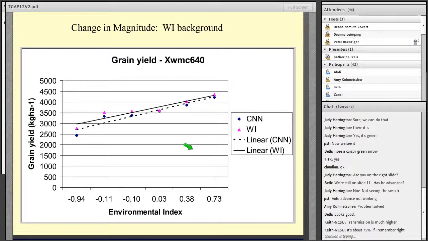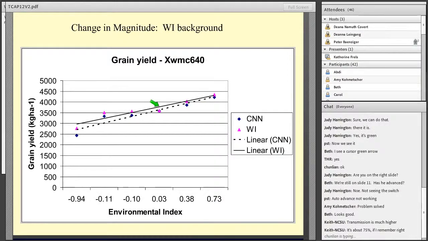I don't know if you remember this chart from the previous one, but again, you can see that the Cheyenne allele in Wichita tends to be lower yielding everywhere, and the Wichita allele, which is the diamond or the triangle, tends to be higher, except maybe here, everywhere.